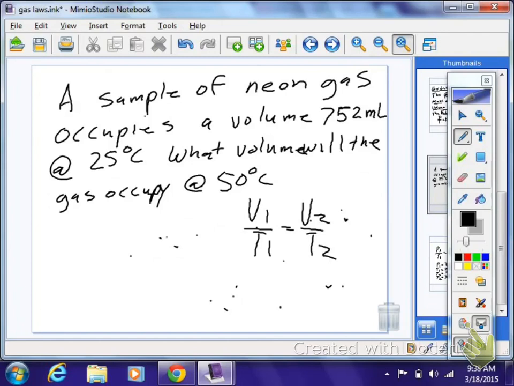So that's the one we're going to have to use to solve this. We're looking for the new volume. V2 would be your new volume. We're given T1 and T2 because we're given 2 temperatures, and we're given the beginning volume.